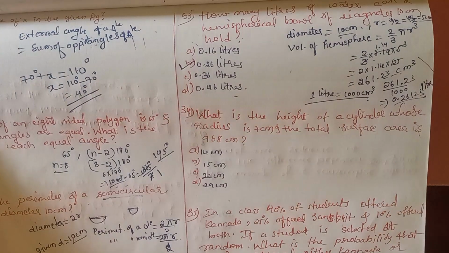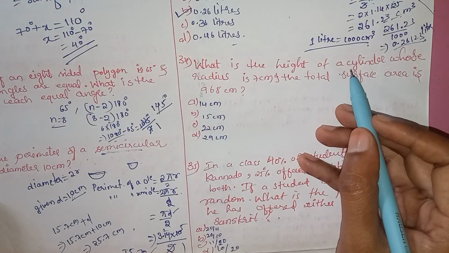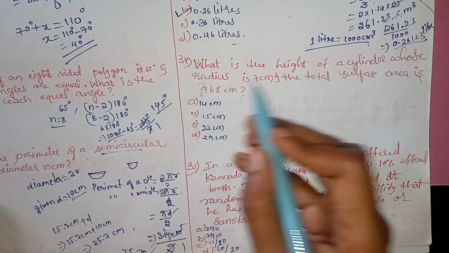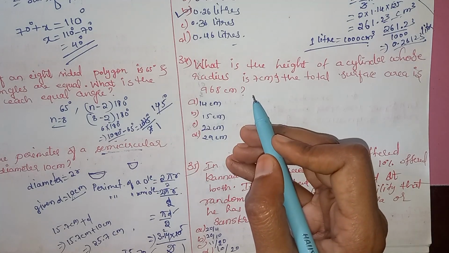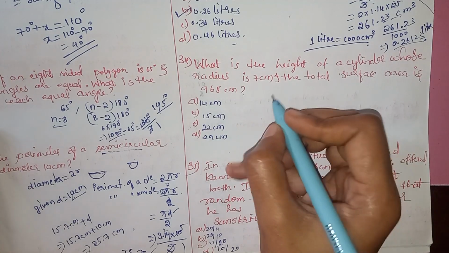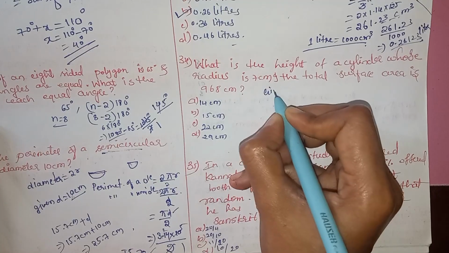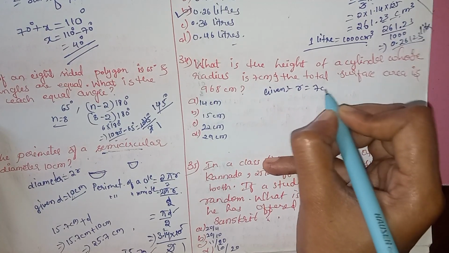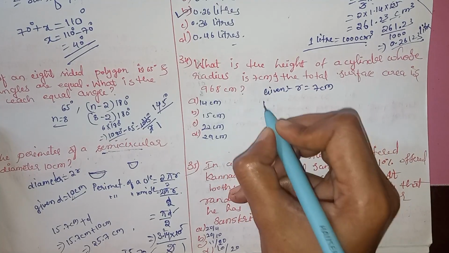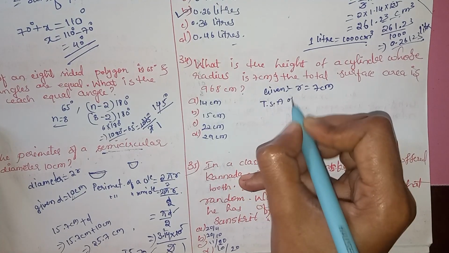Next question is, what is the height of a cylinder whose radius is 7 centimeter and total surface area is 968 centimeter square? First, what is given? Radius is equal to 7 centimeter and the total surface area of the cylinder.